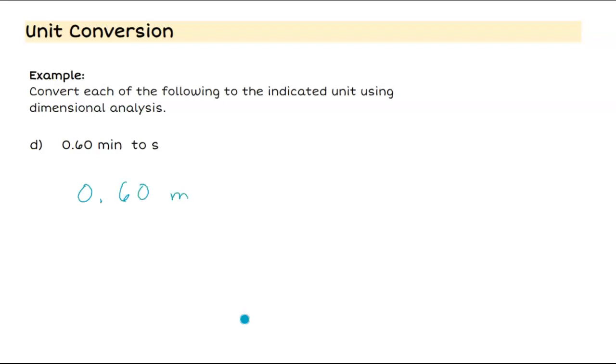So I have 0.60 minutes, and I want that in seconds. So I'm going to get rid of my minutes, pardon me. And so, you know, them being on the opposite sides of the fraction will eventually allow them to cancel out. That's my thought process. And so I want to keep seconds up here. So what's the relationship between minutes and seconds, right? Well, I know that 1 minute has exactly 60 seconds in it.